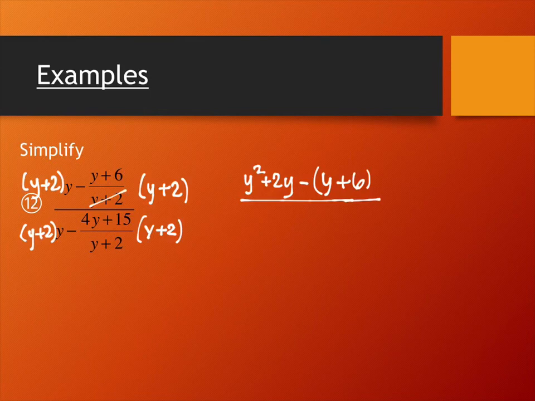So when I get over here, these cancel and these cancel. Each piece individually gets multiplied by y plus 2 in a distribution process, but this allows me to do my cancellation in a way that's a little more clear. So on the bottom, I still have y squared plus 2y, I have subtraction, my denominator y plus 2 is canceled, leaving me with 4y plus 15.